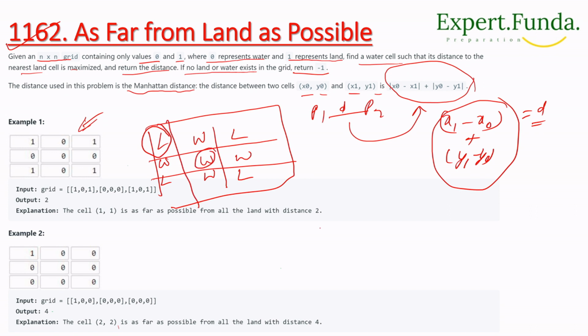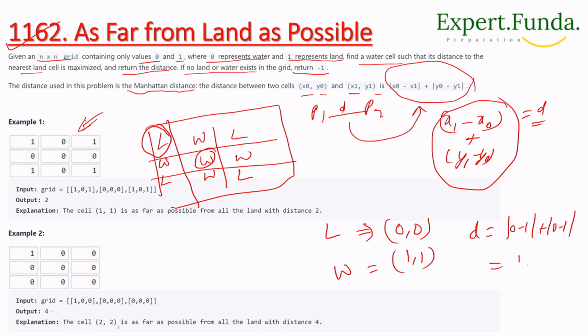Previously the land was at 0, 0, and the water position is 1, 1. The distance is 0 minus 1 plus 0 minus 1, which is 1 plus 1, so the distance is 2. This is the output we are getting here.